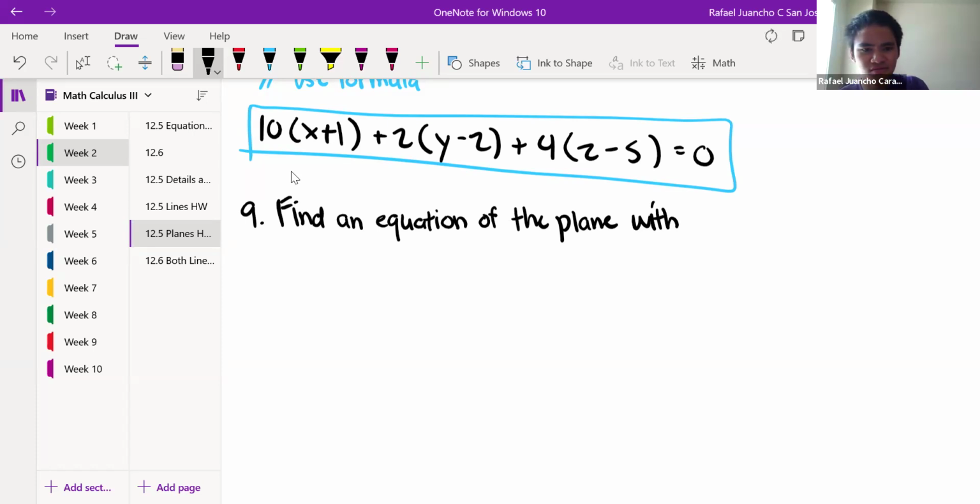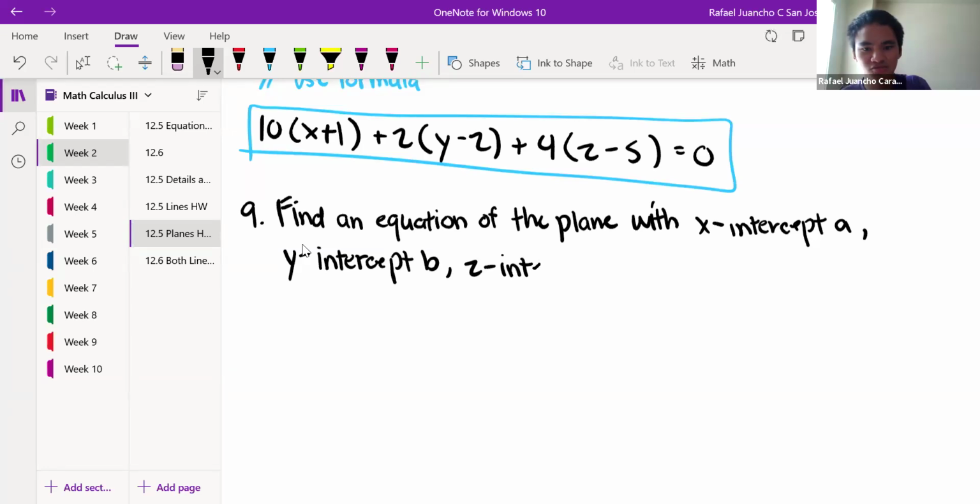Now we're given points with x-intercept A, y-intercept B. So here we're actually given 3 points this time. So it shouldn't change what we're doing. And z-intercept C.